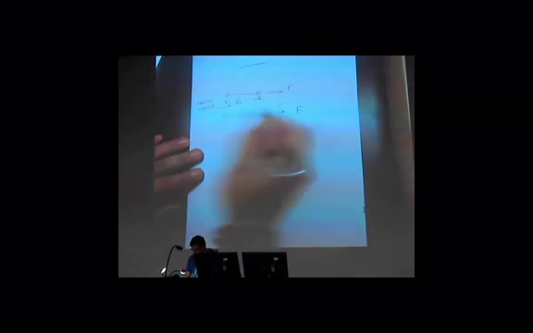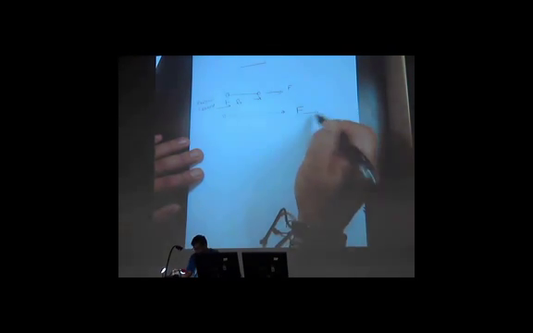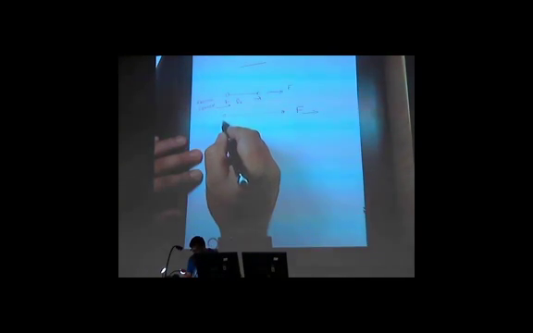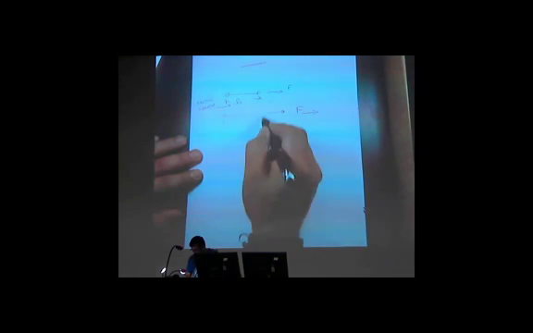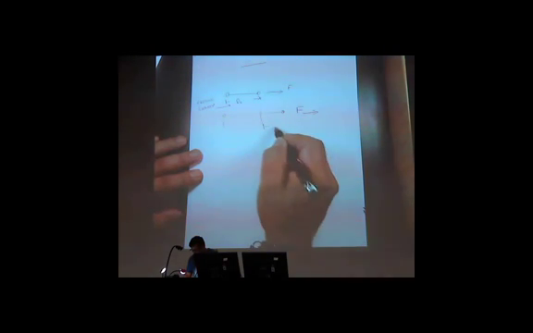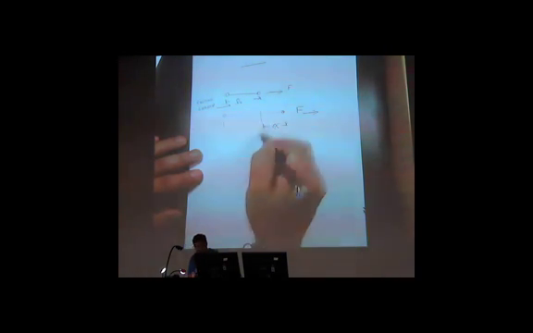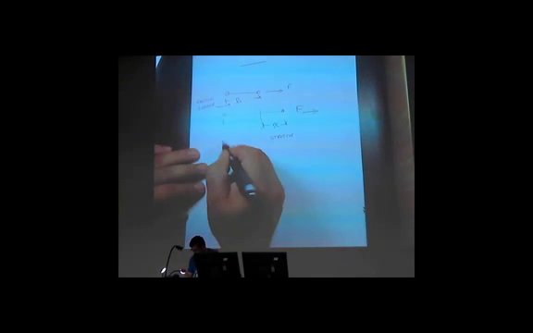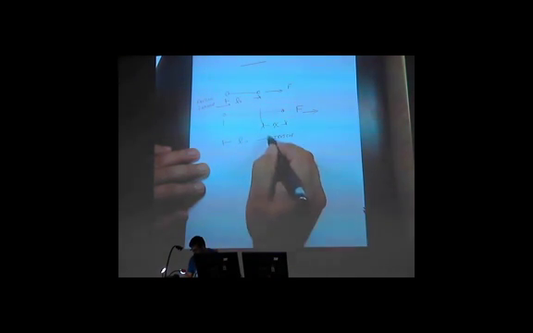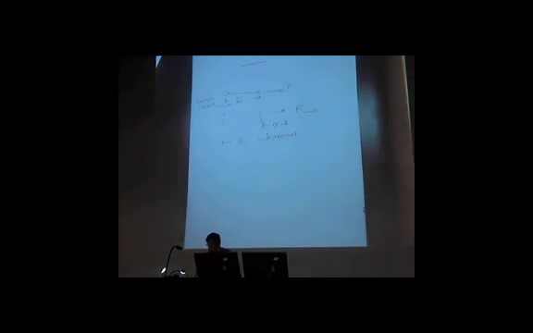When the string is acted on by a force such as F, it doesn't really matter how much that force is, the string stretches by this much. And we call that stretch. Does that make sense to you guys?